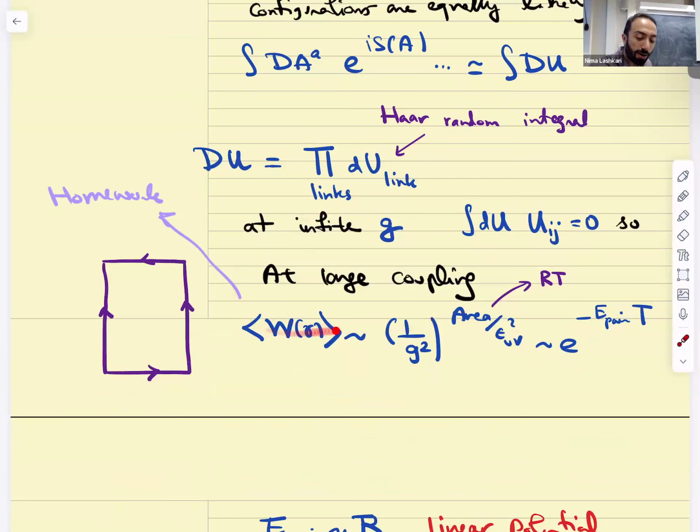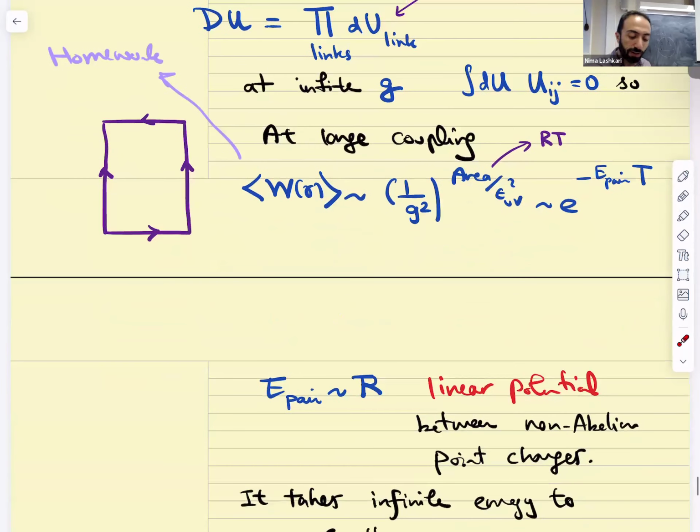So at infinite coupling or large coupling, you're going to calculate this using Haar random integrals. And the result is going to come out as the following: 1 over g squared, area, which is r times t for this rectangle, over epsilon of uv squared. If you view this as E pair times t, you learn that E pair is proportional to r.